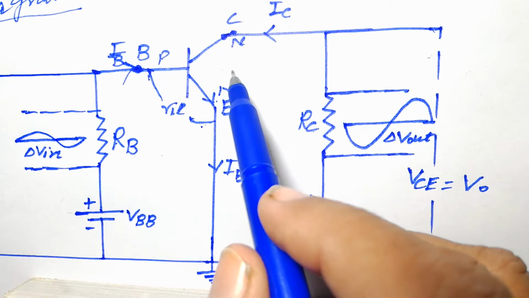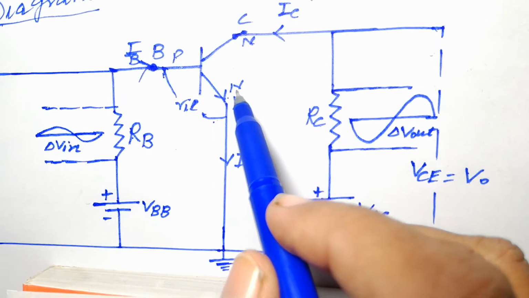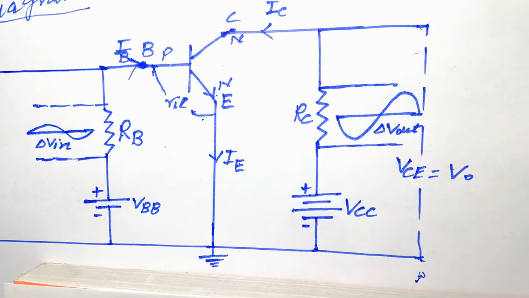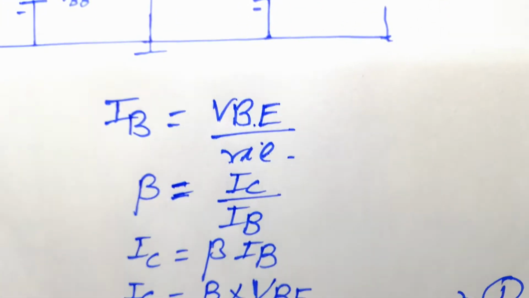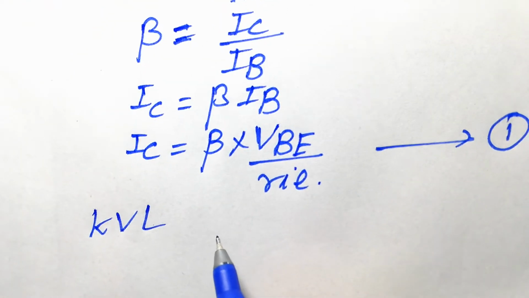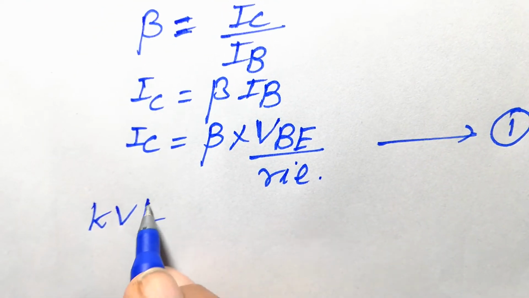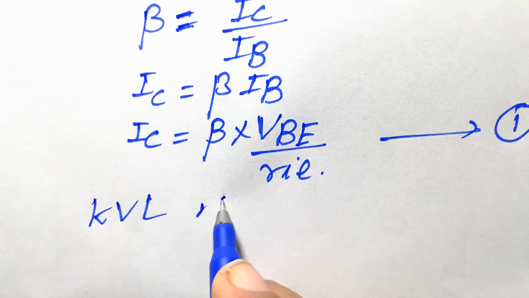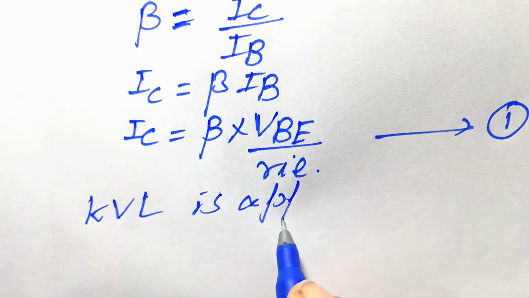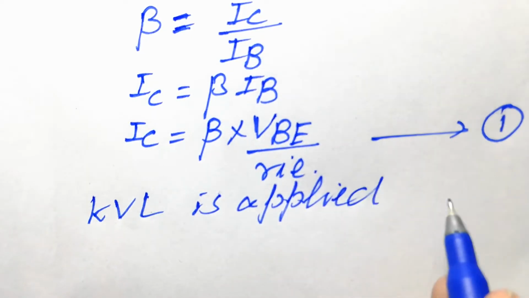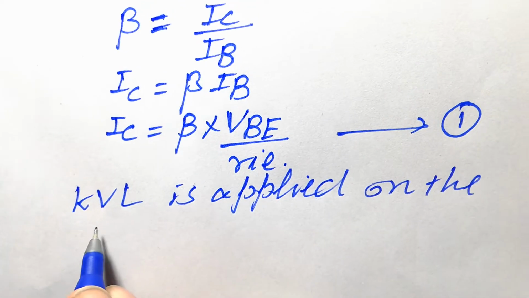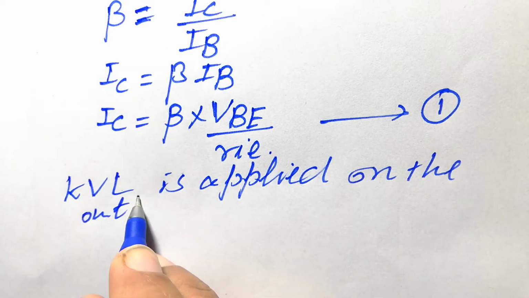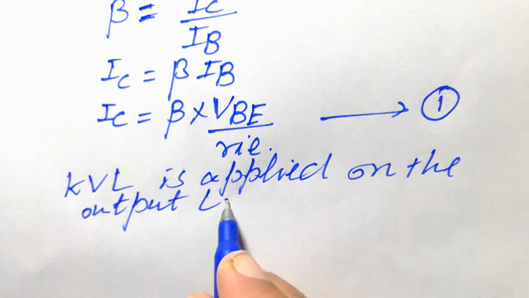That output voltage is determined by applying Kirchhoff's voltage law, KVL, on the output loop.